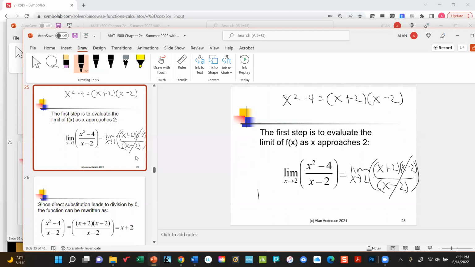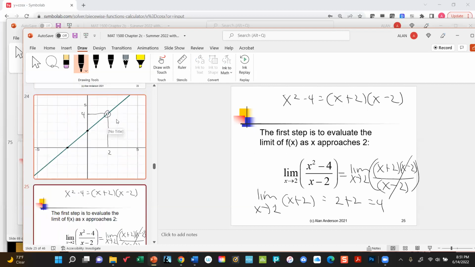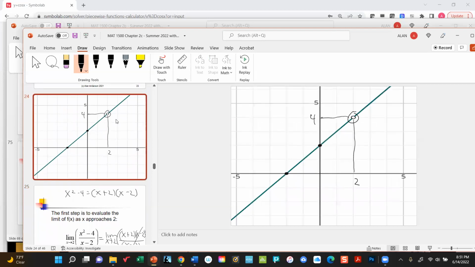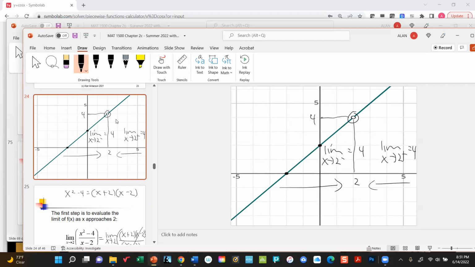These drop out. And so the limit is in fact 4. And you can tell just by looking at the graph, it would have to be 4 because it's the same coming from both directions. Whether x is increasing or decreasing, the function is converging to 4.